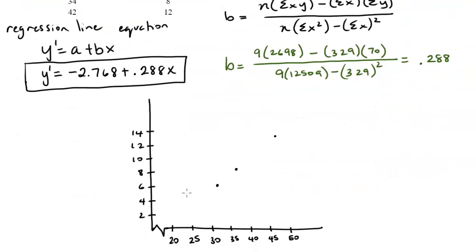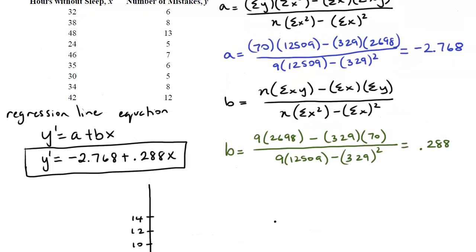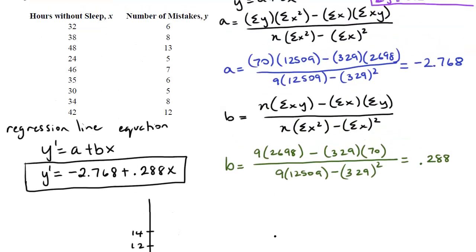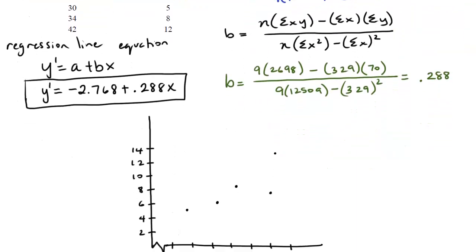24, 5. It started out looking like a straight line, right? But that one blew it off. 46, 7, somewhere around there. 35 is 6.